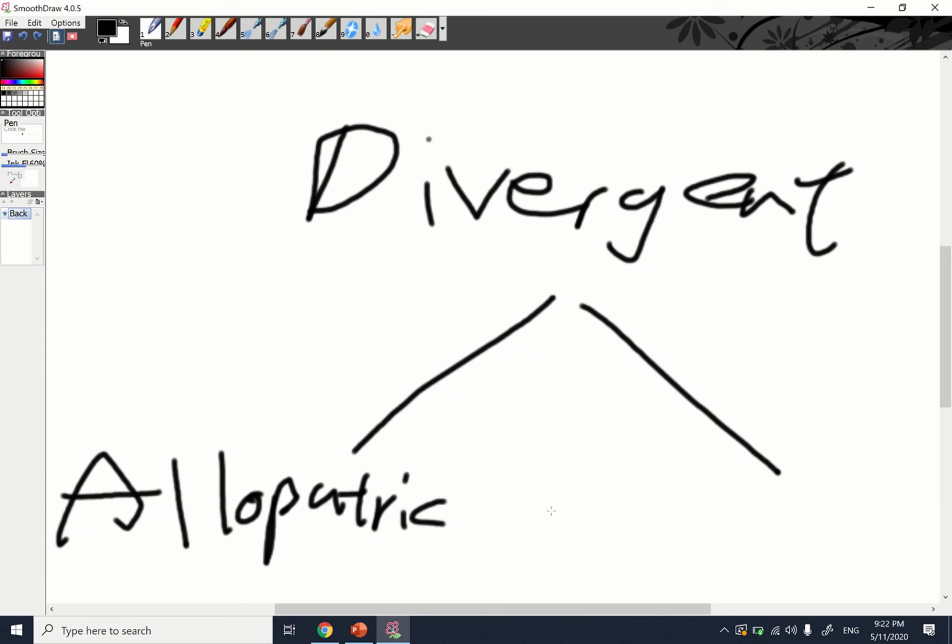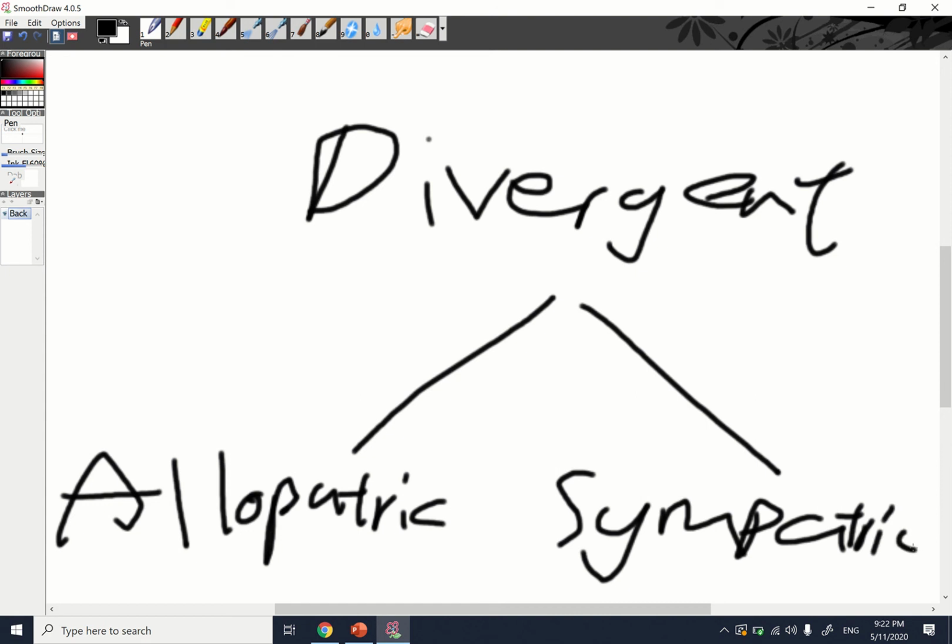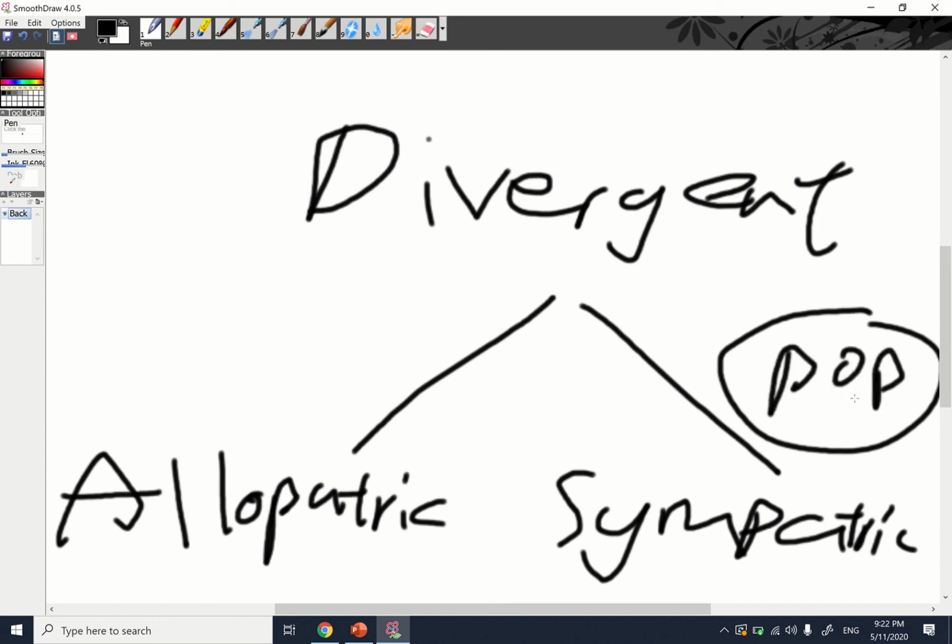Now the other type is sympatric speciation. Before, we talked about speciation due to a physical barrier, but sympatric speciation occurs when it's just an entire population that's not separated by anything. It just somehow evolved into two different species, A and B. Well, how did this happen?